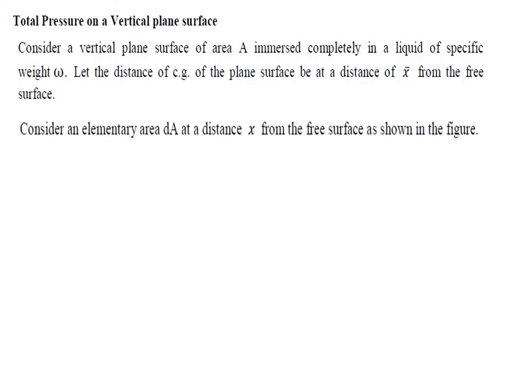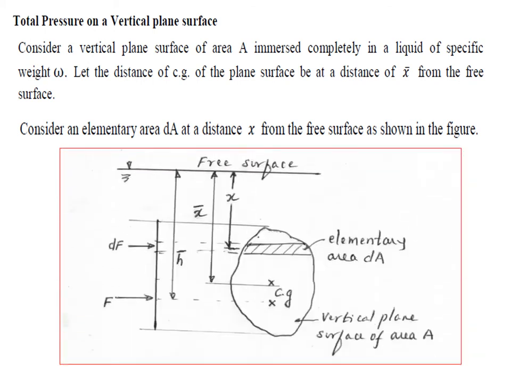from the free surface. Also here, consider an elementary area dA at a distance x from the free surface as shown in the figure. In this case, this complete area is immersed and the CG distance is marked as x bar. Now note here, if you take any area, let that distance be x.